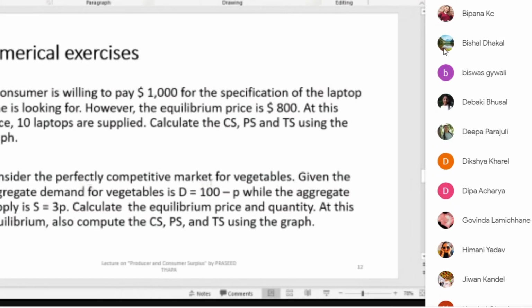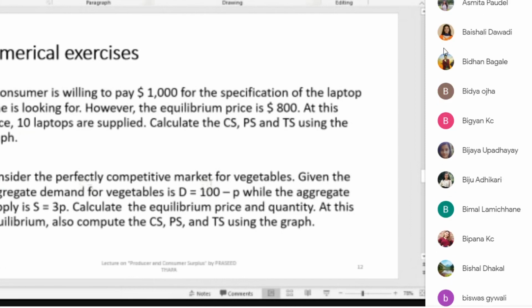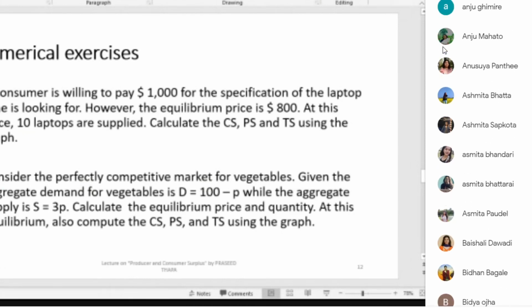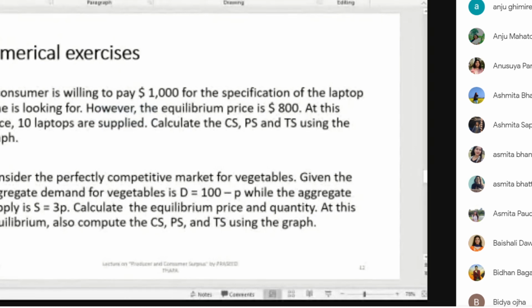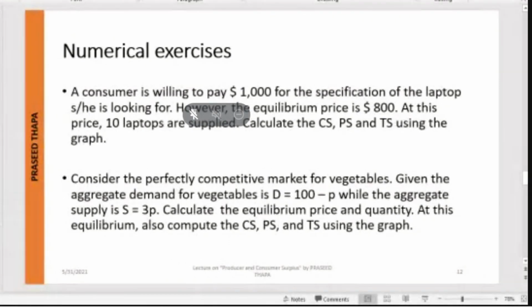In equation 1, where D equals 100 minus P, I put P equals 0, then I get D equals 100. For D equals 0, I get P equals 100. This is how I got the 2 points. To draw a straight line, we need 2 points. So I got the demand curve. As S equals 3P, I put the value.